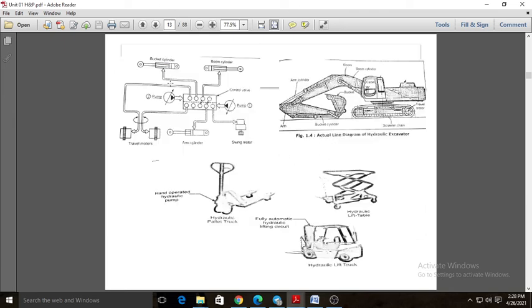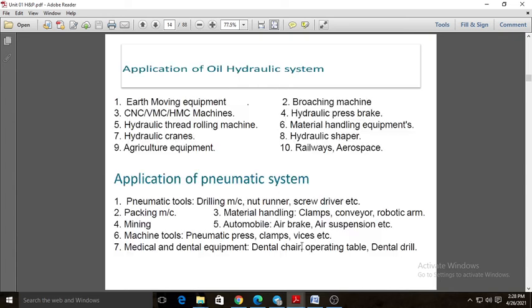Then here also you can see, in actual line, a hydraulic excavator, then a hydraulic lift truck. We are going to use hydraulic and pneumatic systems. Earth moving equipment, then broaching machines, CNC, VMC, HMCs, then hydraulic press brake, hydraulic thread rolling machine, material handling equipment, then hydraulic shaper. In railways and aeroplanes, we use the oil hydraulic system.